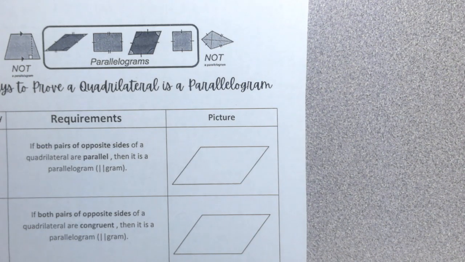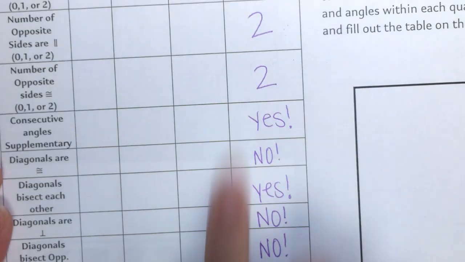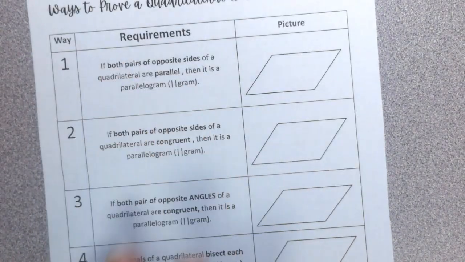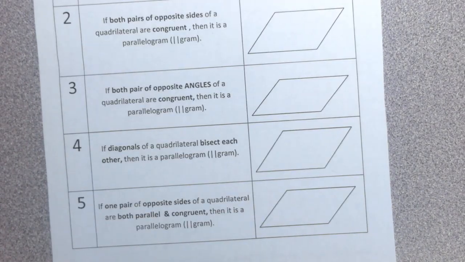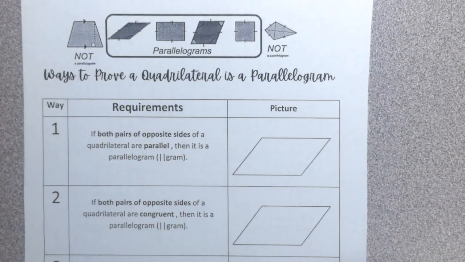All right. We are going to take what we just learned about parallelograms and this checklist, and now we are going to determine if something's a parallelogram. These 5 ways right here, 1 through 5, are the 5 different ways you can prove it's a parallelogram.